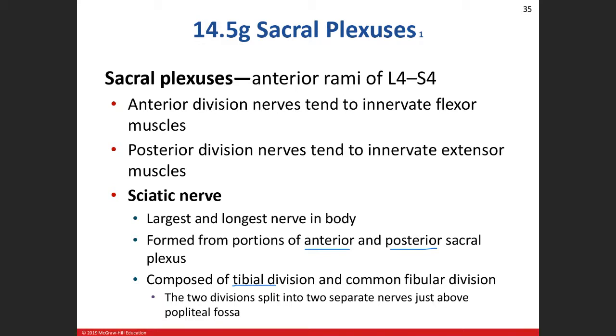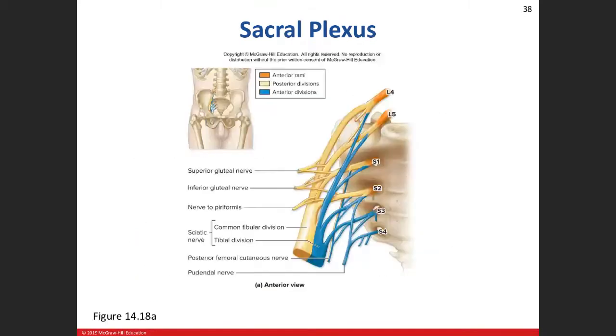Let me show you the picture here first. Here are all the anterior rami giving their contributions off. Blue is going to be the anterior division, but notice how both the posterior divisions and the anterior divisions are going to form the sciatic nerve. Now we have some other smaller nerves here, like the pudendal nerve. That's going to help innervate the pelvic floor, the levator ani muscles.